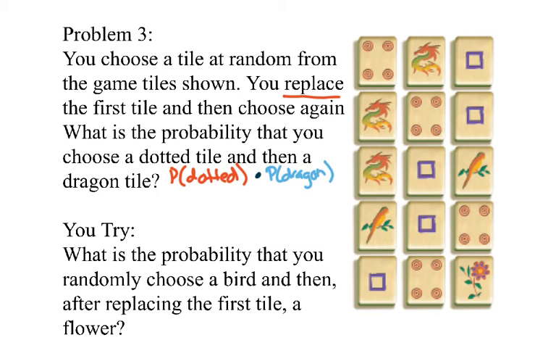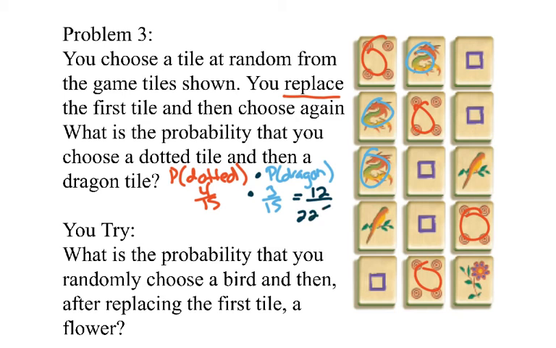The probability that we choose a dotted: there are 1, 2, 3, 4 dotted, so this would be 4 out of 15, times the probability that we choose a dragon, which would be 1, 2, 3 out of 15. Which would give us 12 out of 225, which would reduce to 4 out of 75.